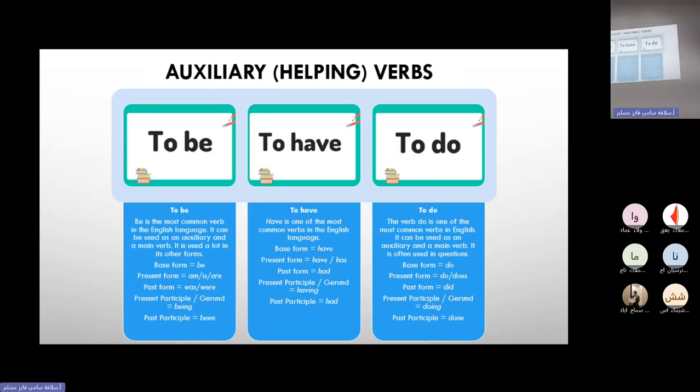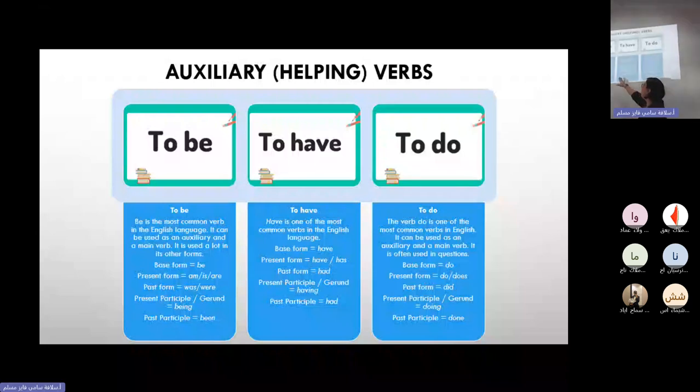Have is the possessive, something that we own. Okay? For an action. Okay? So, to be is the most common word in the English language. It can be used as an auxiliary or main verb.